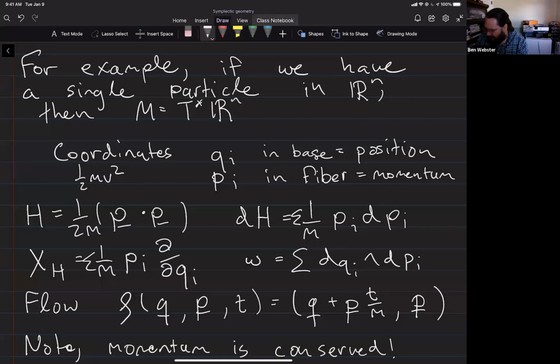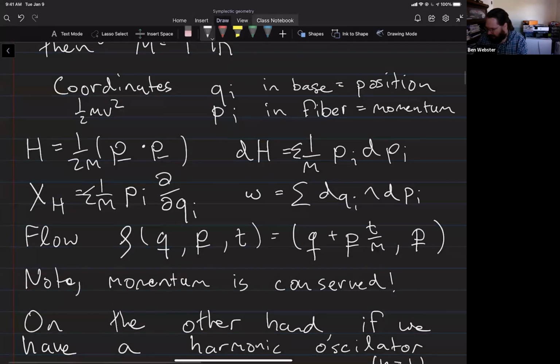So if I integrate that to a flow, I find that if I start at (q, p), after time t, I'm at (q + pt/m, p). So the momentum stays the same, and I travel in the direction that the momentum vector points at a speed which comes from the momentum vector via this formula p = mv.